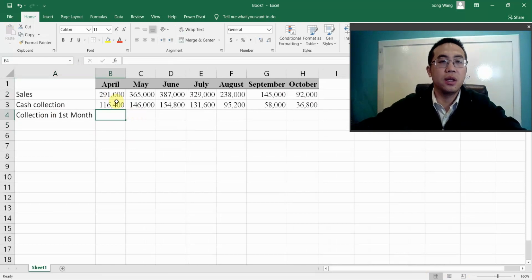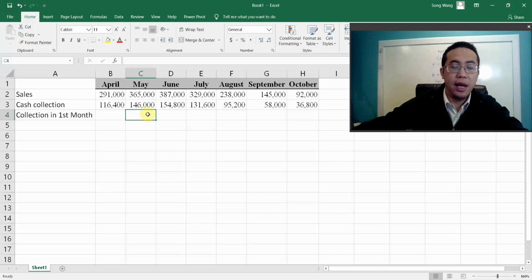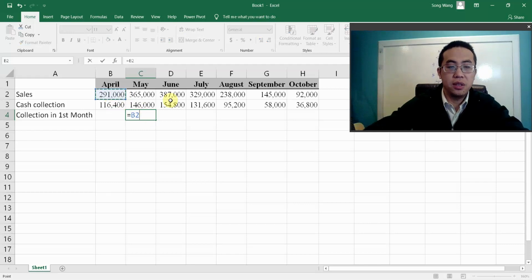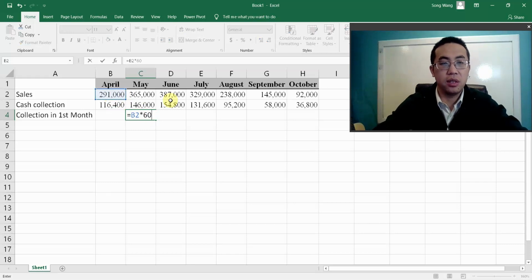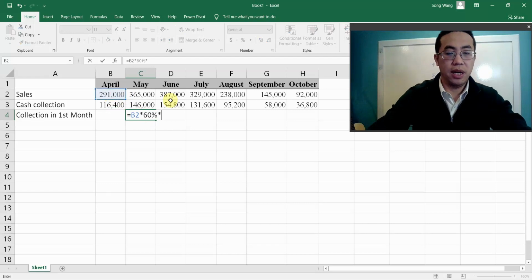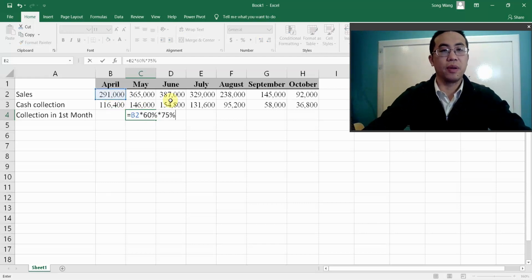You see, the first month after April will be May, right? So it will be April sales multiplied by 60%, and then multiplied by 75%.